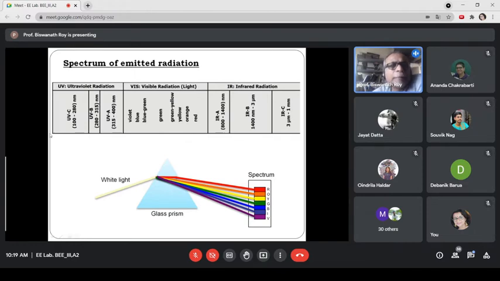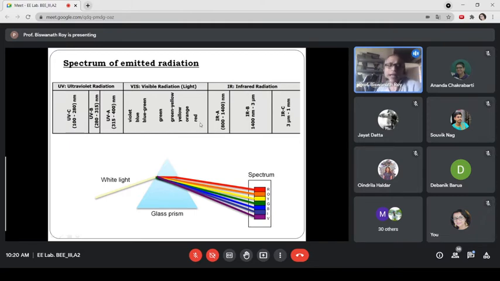So this 100 nanometer to 1 millimeter is the optical radiation range. And out of the optical radiation, a very small band from 400 nanometer to 800 nanometer is the visible radiation.